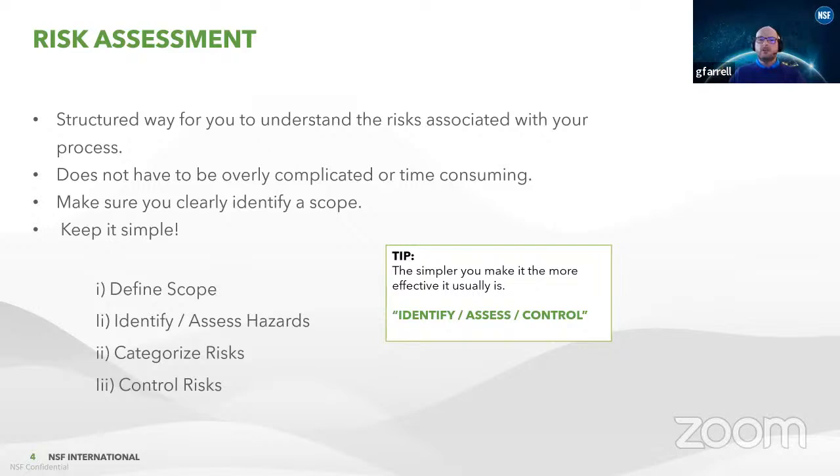But we need to clearly identify what our scope is for the risk assessment. We need to have something to start with. We're going to keep it simple: define the scope, identify and assess the hazards, categorize the risks, and then control these risks. The simpler you make it, the more effective it usually is. Identify, assess, and control.